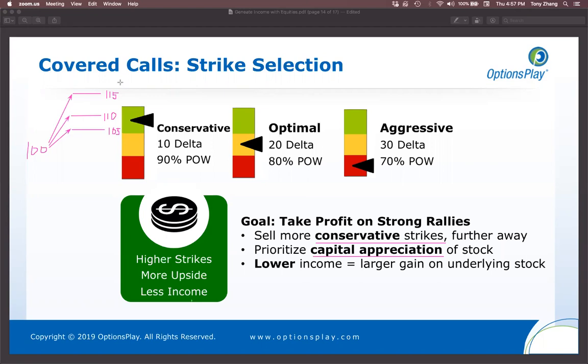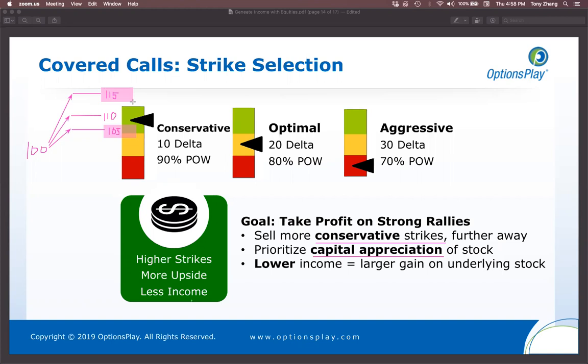We see a lot of users typically go for the more aggressive strike prices because when they look on an option chain, they'll see that the 105s maybe give them $5 in income versus the 115s only $2 in income. And they're thinking, wow, I'd much rather have $5 in income than $2. But what you're forgetting is you're giving up $10 in upside for an additional $2, $3. And in the long run, that never works out.